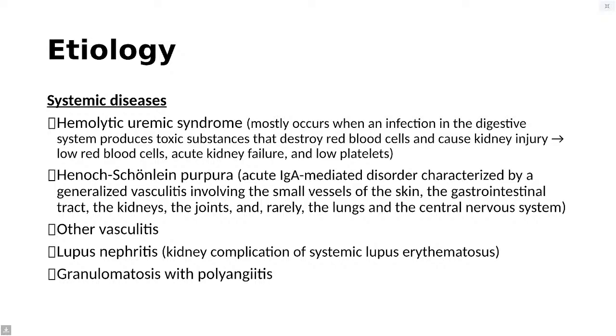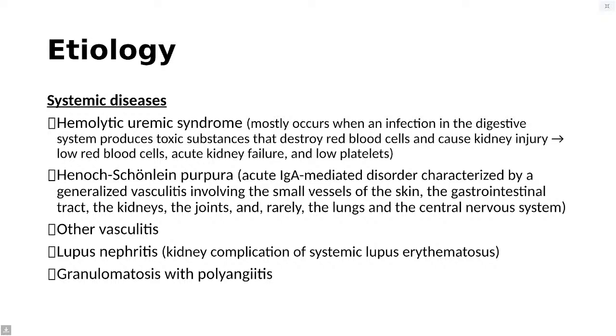The first is hemolytic uremic syndrome, which mostly occurs when an infection in the digestive system produces toxic substances that destroy red blood cells and cause kidney injury. The results are low red blood cells, acute kidney failure, and low platelets.